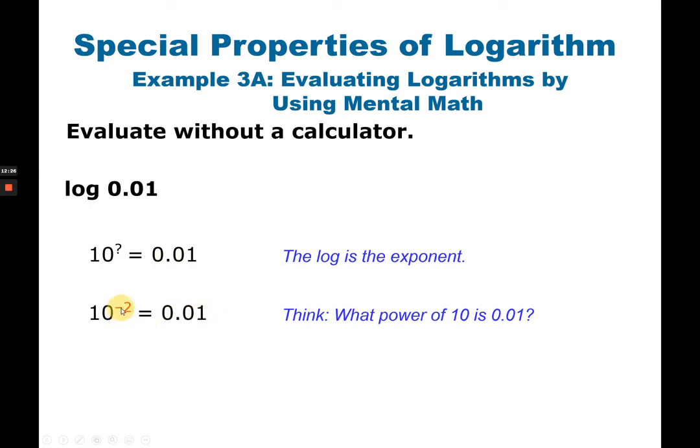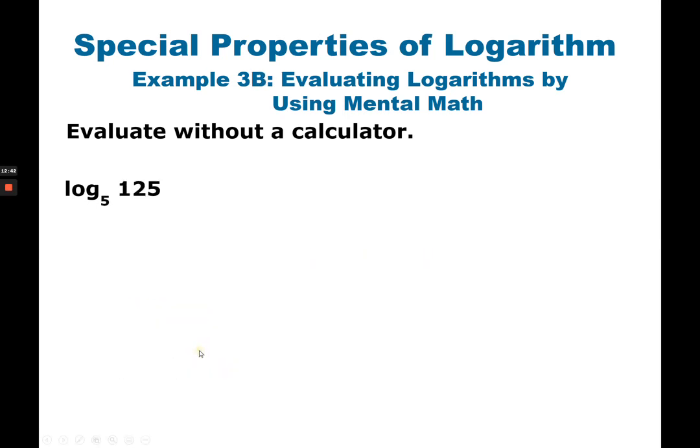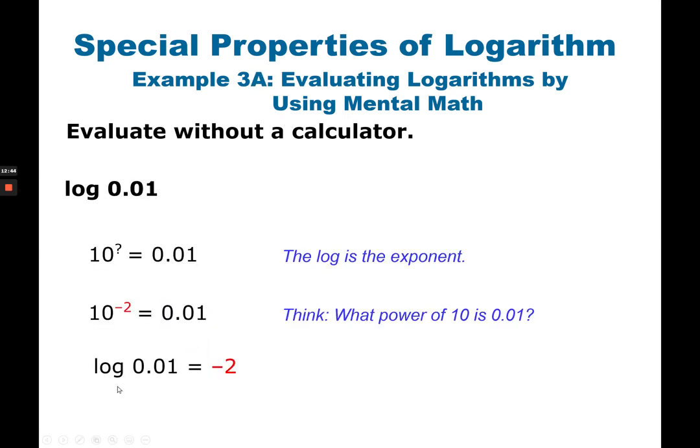It's actually negative 2, because if the number decreases, the exponent is negative. This becomes 1 over 10 squared. 10 squared is 100. 1 over 100 is 0.01. Therefore, the logarithm of 0.01 is equal to negative 2.